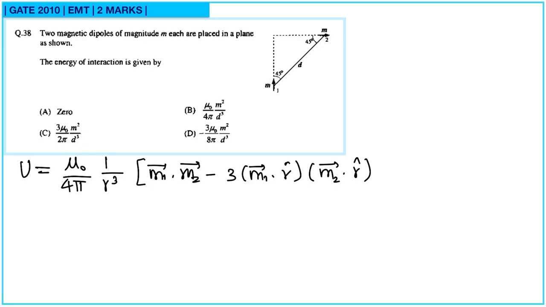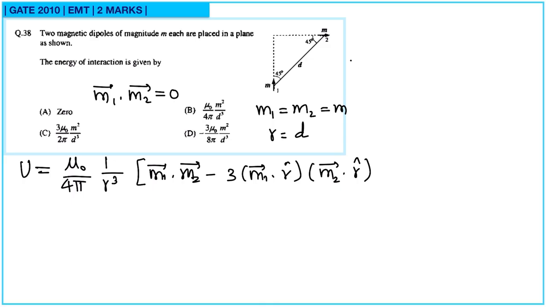Here two magnetic dipole moments are of magnitude m. So that means m1 is equal to m2 is equal to m, and this distance r is equal to d. And m1 is in the vertical direction and m2 is in this direction. That means they are perpendicular to each other. So m1 dot m2, since they are orthogonal, will be 0.